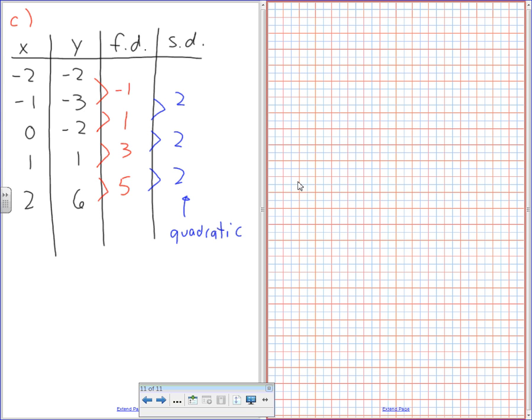So if you didn't hear me the first 5 times I said it, I'm going to say it again. Leave a little extra room on the left if you would, to go to probably about -3 or -4. I'm going to do a little bit of an extension here of the graph, all right? So here's my y. I have to get up to 6. Shouldn't be a huge problem.